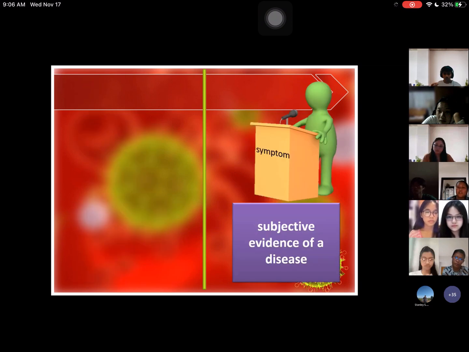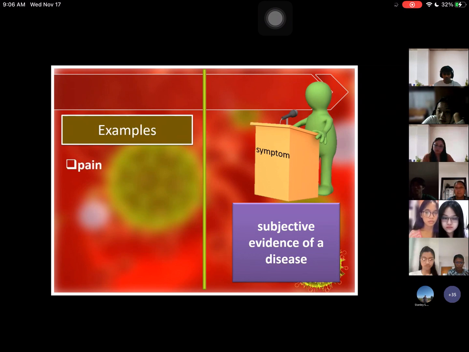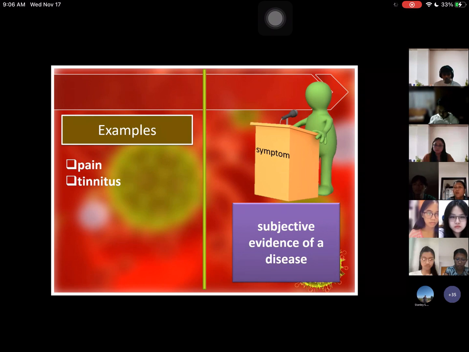How about the symptoms, the subjective evidence of the disease? We have, of course, the pain. These symptoms, like what I mentioned a while ago, can only be felt by the patient, you yourself. It cannot be felt by another person because it's your body. You can only feel the pain, right?